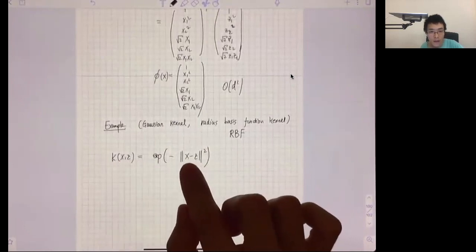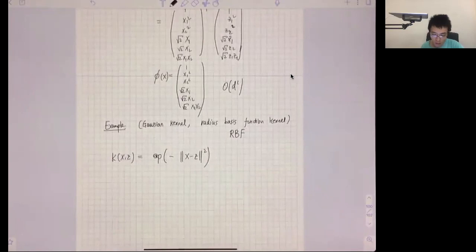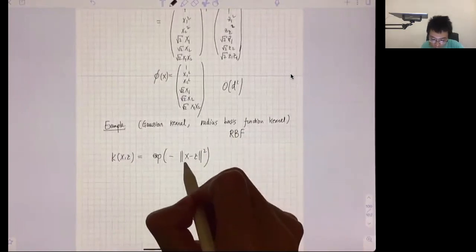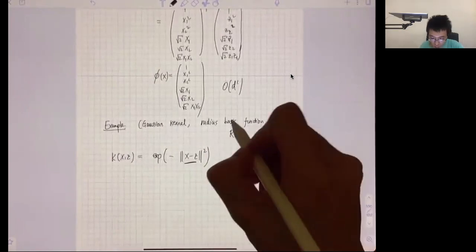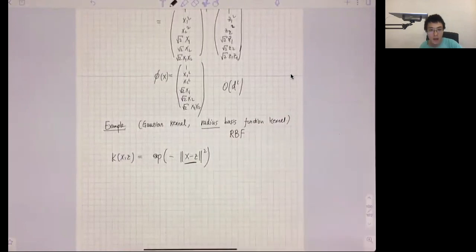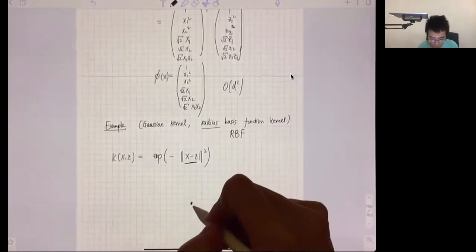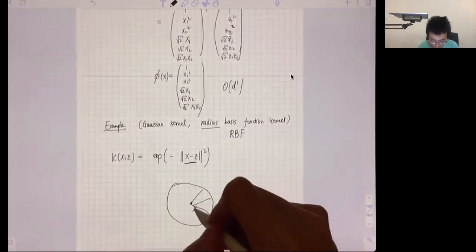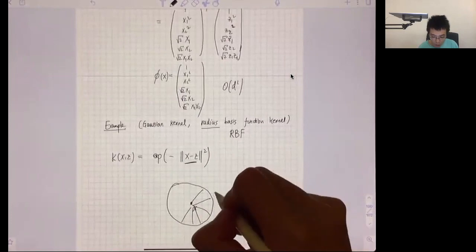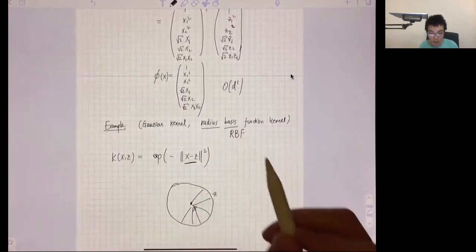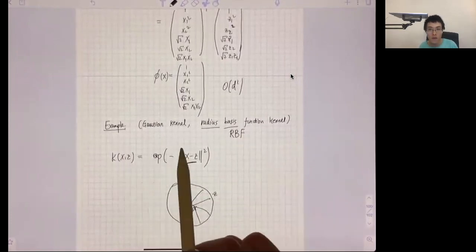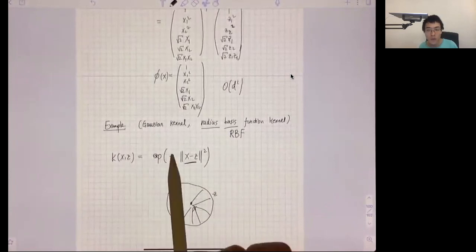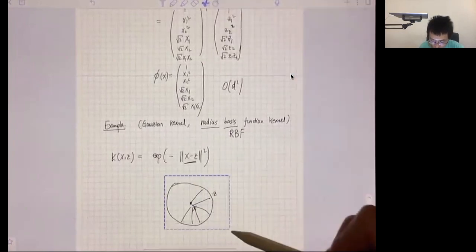It actually depends on the distance between X and Z, okay? And since it only depends on the distance of X and Z, it's a radial basis. If you have X here, then everything here, as long as you have the same radius, has the same inner product. And why is it called basis? Because such a kernel can be transformed into a reproducing kernel Hilbert space, which actually uses the distance to your training samples as the basis of that Hilbert space.